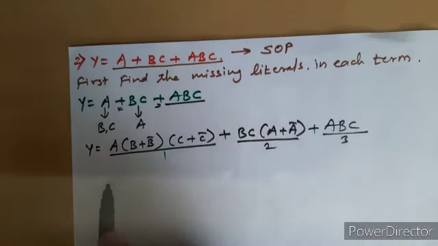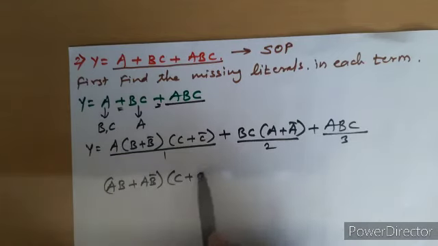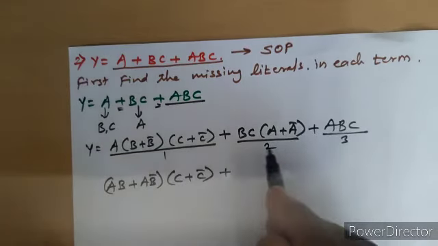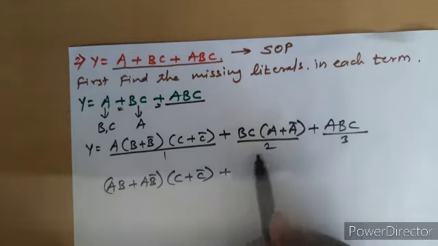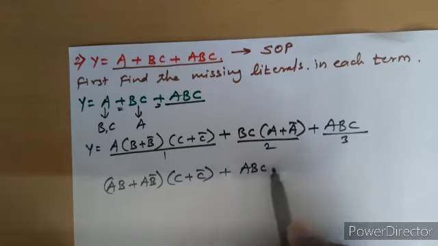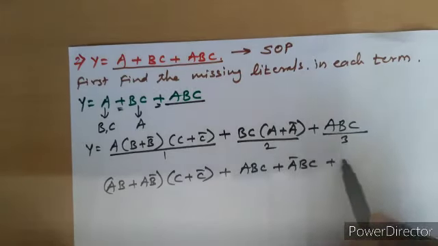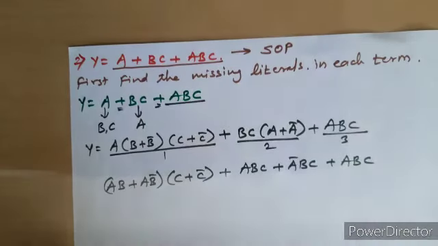So first let's try to solve this term, this a b plus a b bar, this c plus c bar, plus this is quite easy, we can directly solve this. BC into A is ABC plus A bar BC plus ABC.